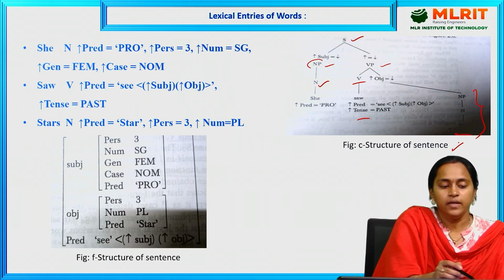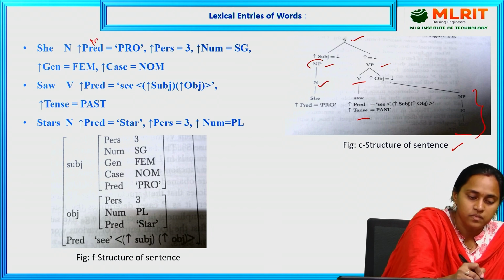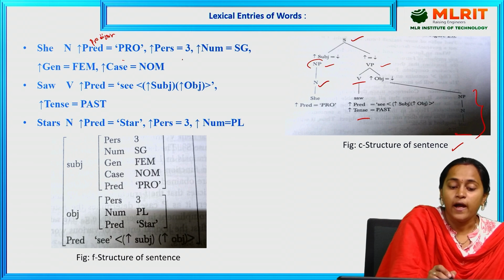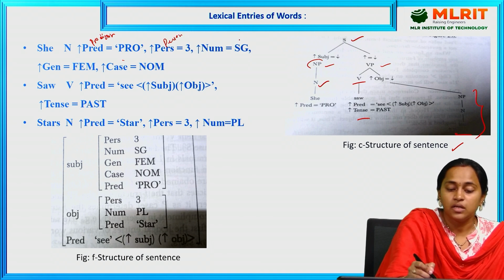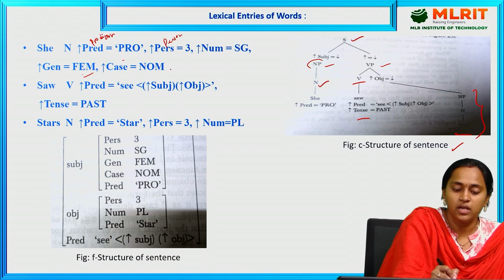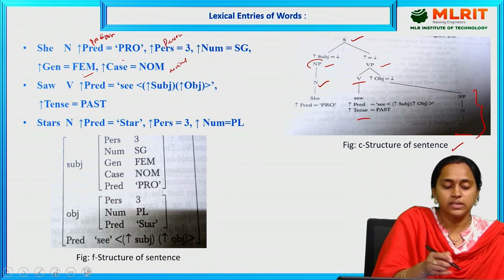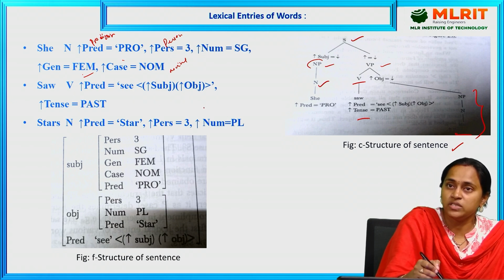Here this is a predicate, right? The pronoun has some person: how many persons are there? I am taking 3, singular, meaning single, and gender is female. This is the case, the nominative case. This is the main idea. Let's see how we enter the words into the lexicon based on the rules.